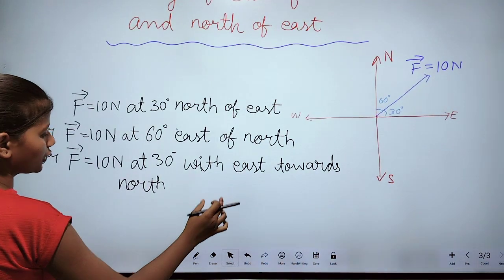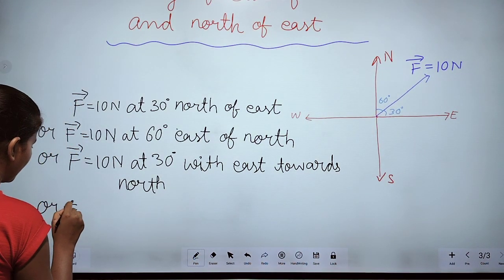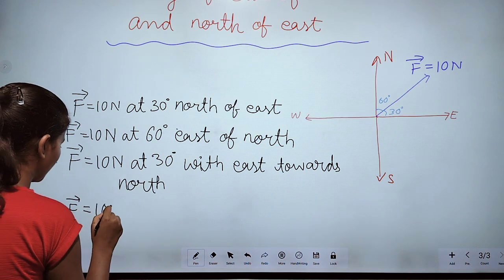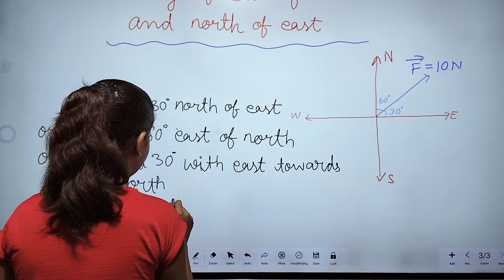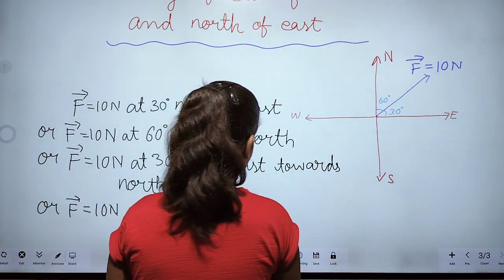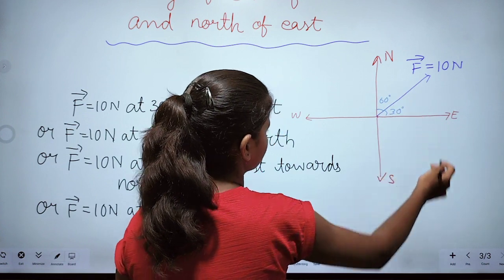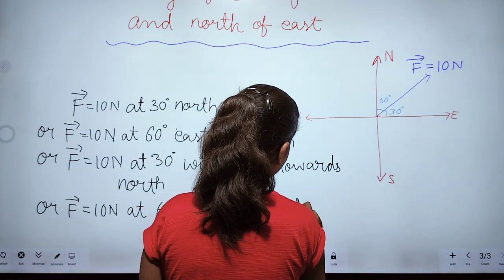Now, or you can also write like this: F vector is equal to 10 Newton at 60 degree with north toward east.